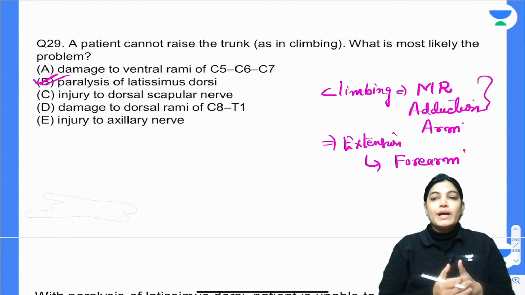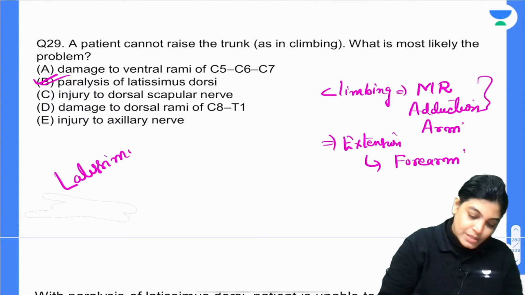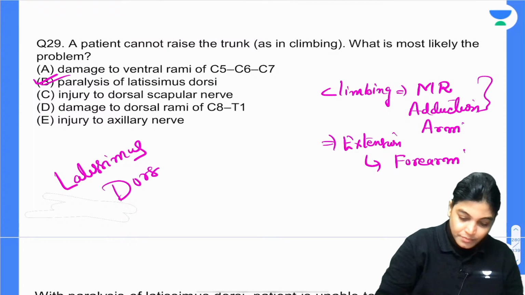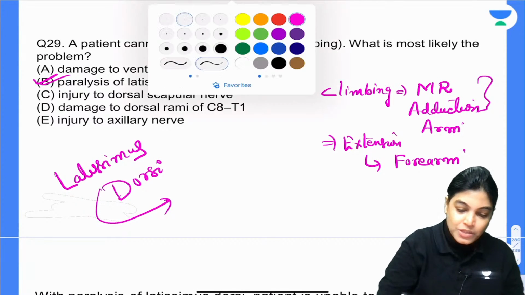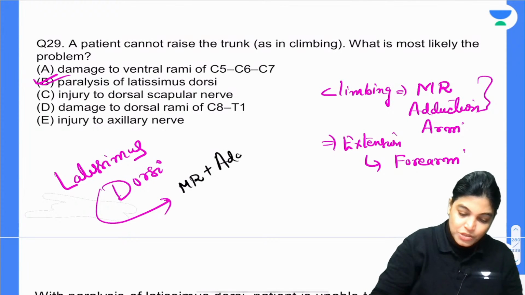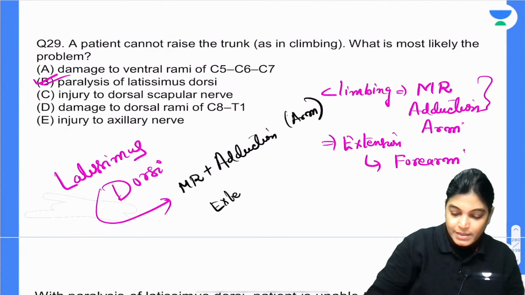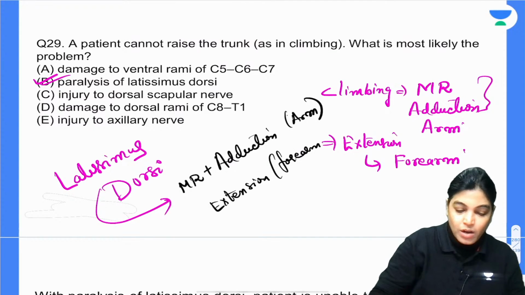So if we see the action of the latissimus dorsi muscle, it causes medial rotation and adduction of the arm, and it causes extension of the forearm. So that means which muscle is involved?